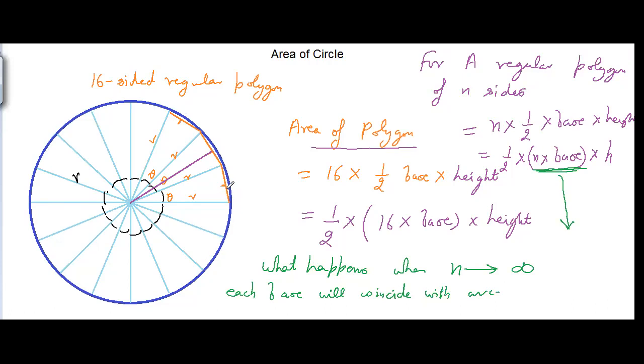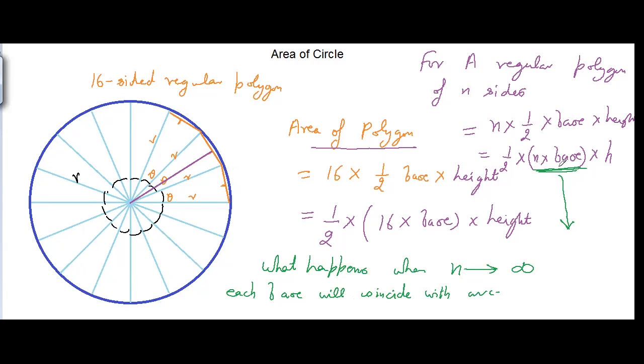When n is becoming very large, n is becoming infinite, then the base of the triangle, the red colored base, coincides with the arc, and there are n bases because there are n triangles.